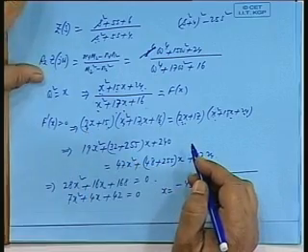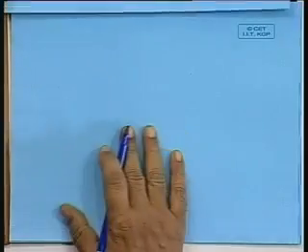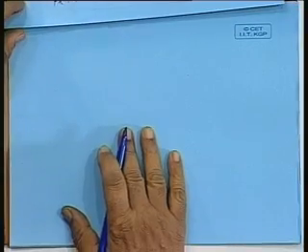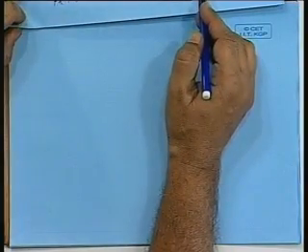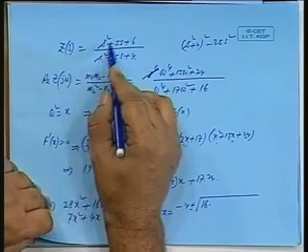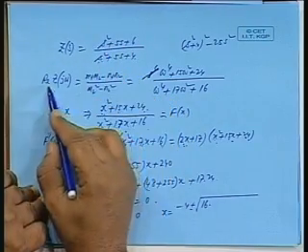okay, let me rewrite it. Anyway, what I wanted to stress is you will get a real value of x, that is equal to omega square. So, calculate omega and substitute that omega here in the real part.